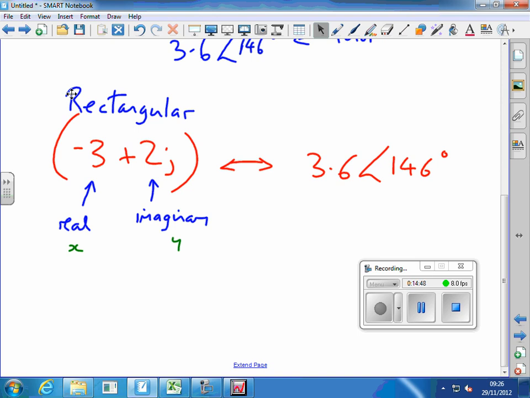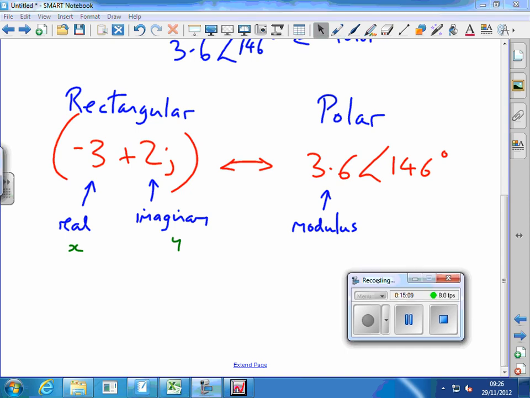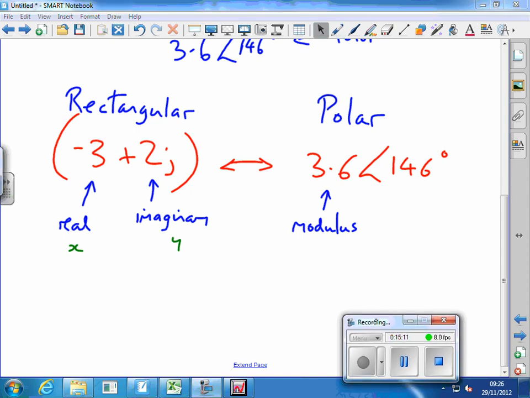This is the same complex number, so we can write a complex number in two forms, but this is in polar form. And here this is called the modulus, and this, for some weird reason I've never really understood, is called the argument.